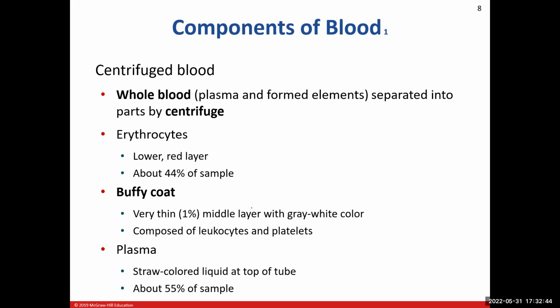When we're looking at our centrifuged blood, that bottom red layer is the red blood cells. A little bit less than half, about 44%, is primarily made up of erythrocytes, the red blood cells. And just in case you want to know, the average lifespan of a red blood cell is 120 days. You should know that.